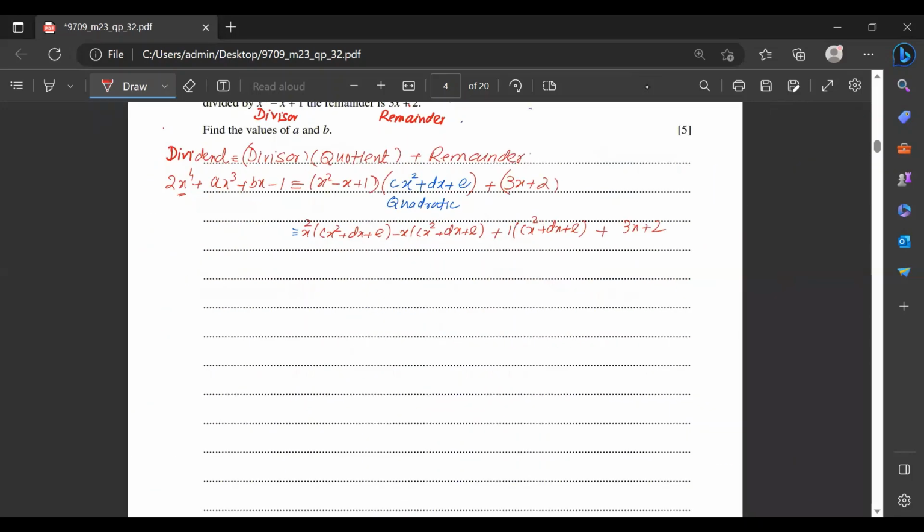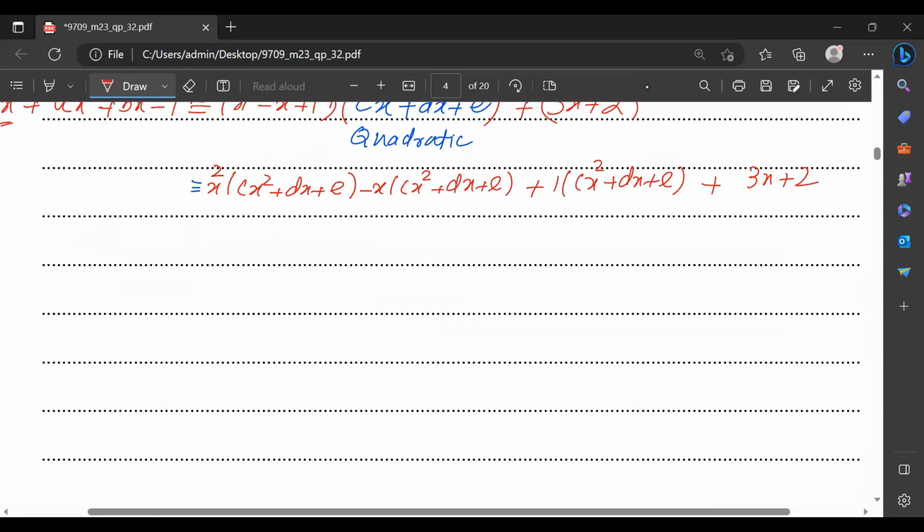Now carefully open the brackets: cx^4 + dx^3 + ex^2, minus cx^3 minus dx^2 minus ex, plus cx^2 + dx + e, + 3x + 2.